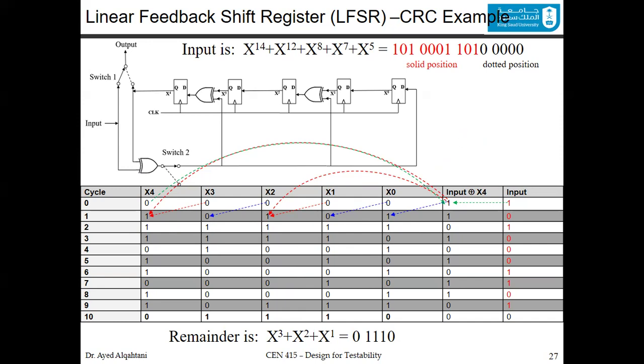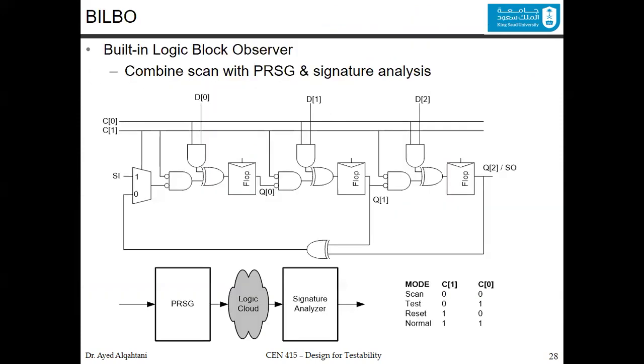Now, after understanding the linear feedback shift register and how to generate a random or pseudo-random number as a test vector, we can discuss the BILBO, which is the built-in logic block observer. It combines scanning with pseudo-random sequence generation and also signature analysis.